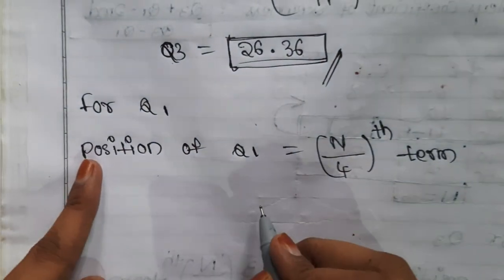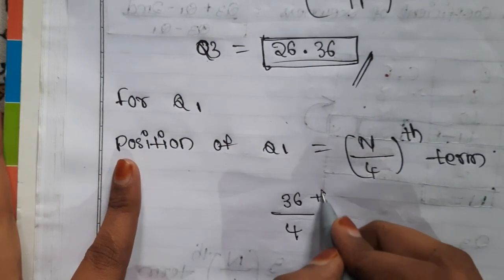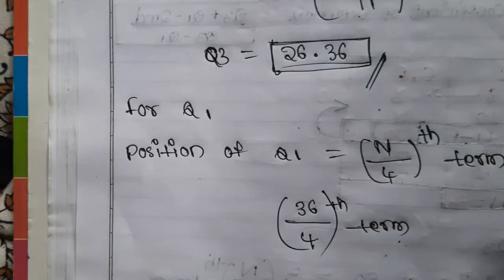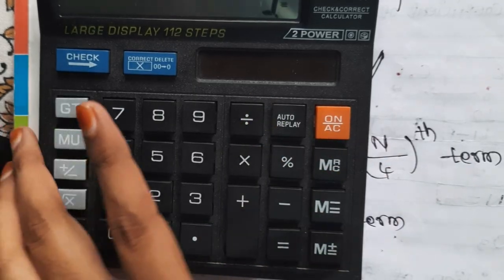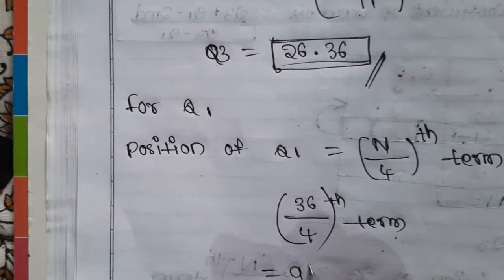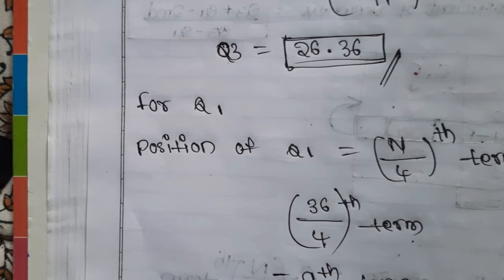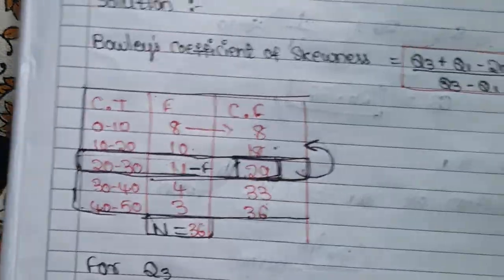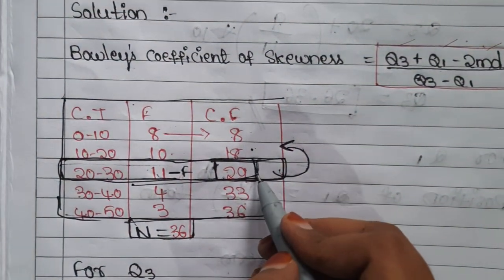36 by 4th term. 36 divided by 4, it is 9. So here we are getting the 9th term. Do we have 9 in our cumulative frequency? No. 8 will be less, 29 will be more.